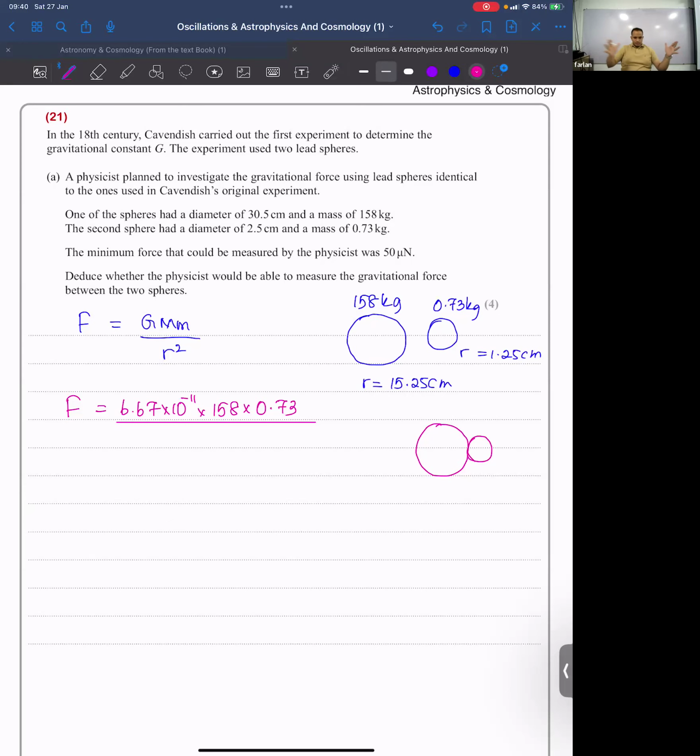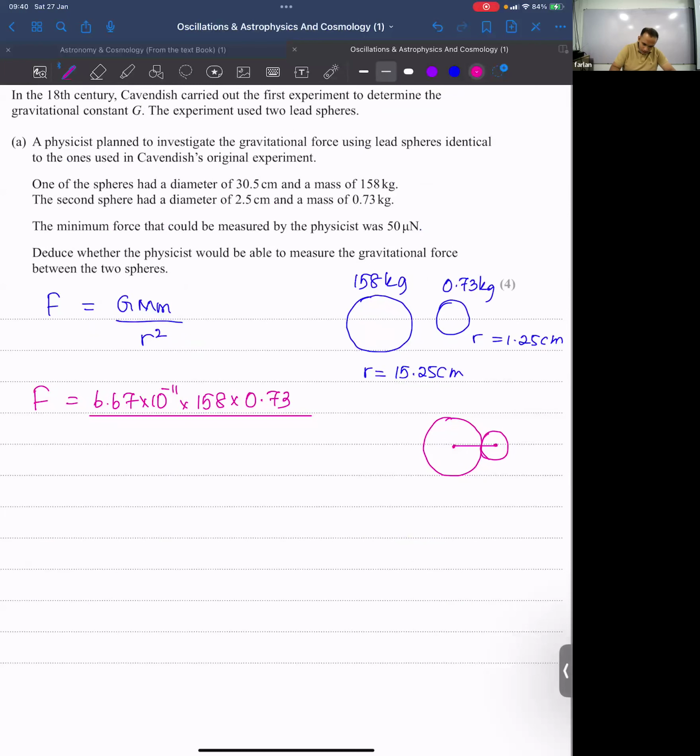So when they are as close as possible means when they are touching each other. So when the two objects are touching each other, the distance between them will be the distance between their centers of mass, which is basically the addition of their radii, which is 15.25 plus 1.25, 16.5 in centimeters. So 16.5 centimeters will be 0.165 in meters, and that needs to be squared. Correct?